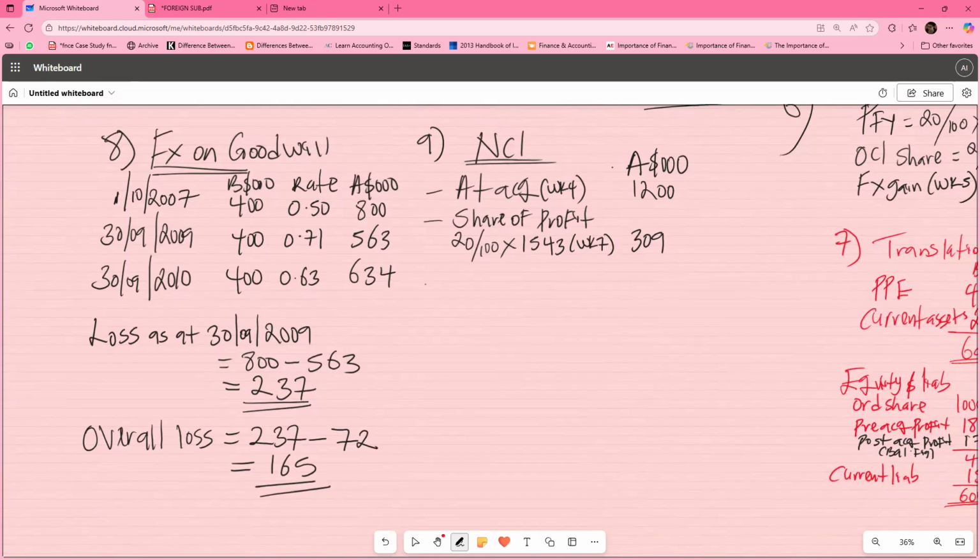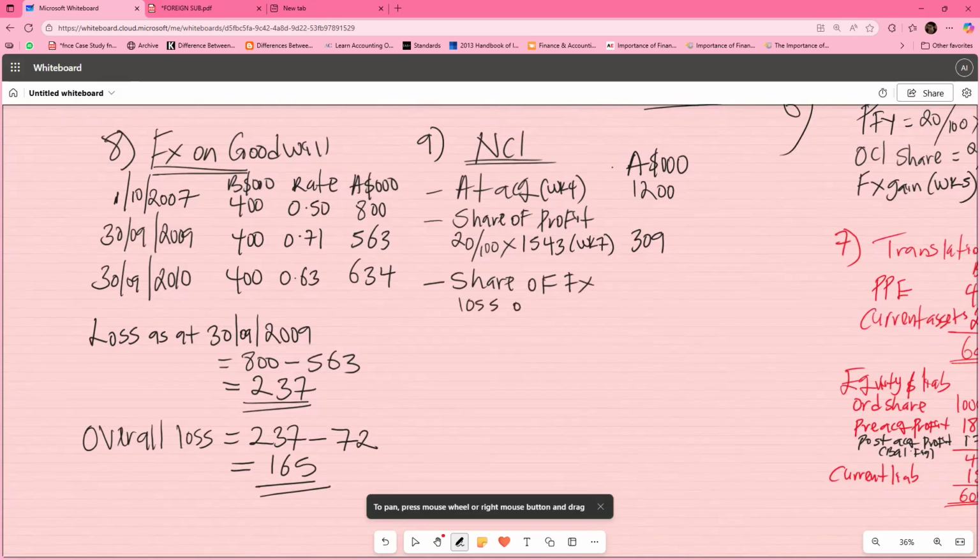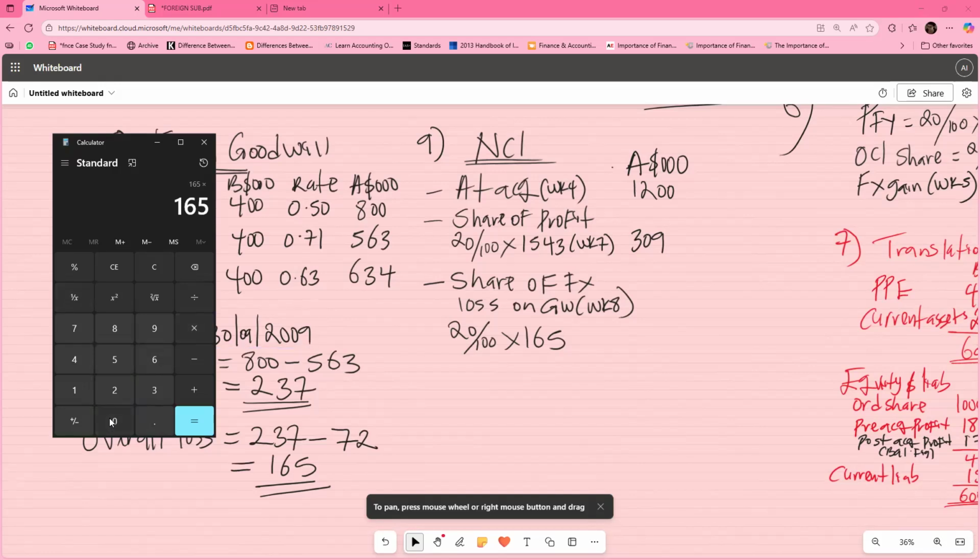So this one will now be share of FX loss on goodwill. And that's your working eight. So that would now be 20 divided by 100 multiplied by 165. So you can say multiply by 0.2. Then that is 33.